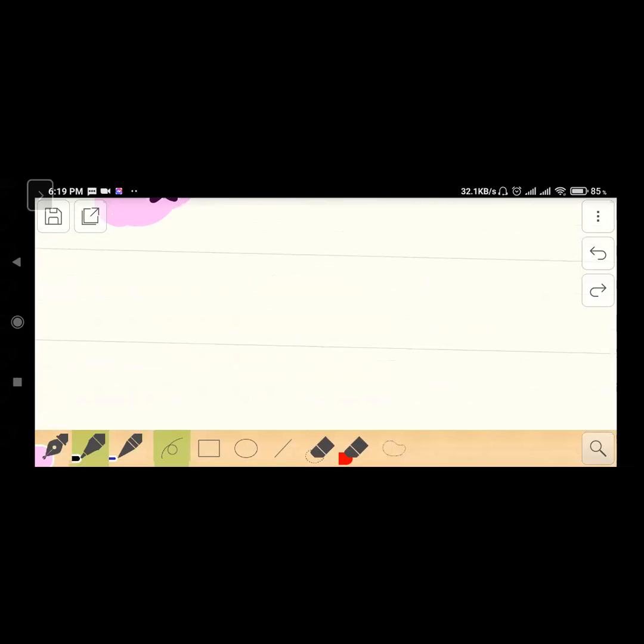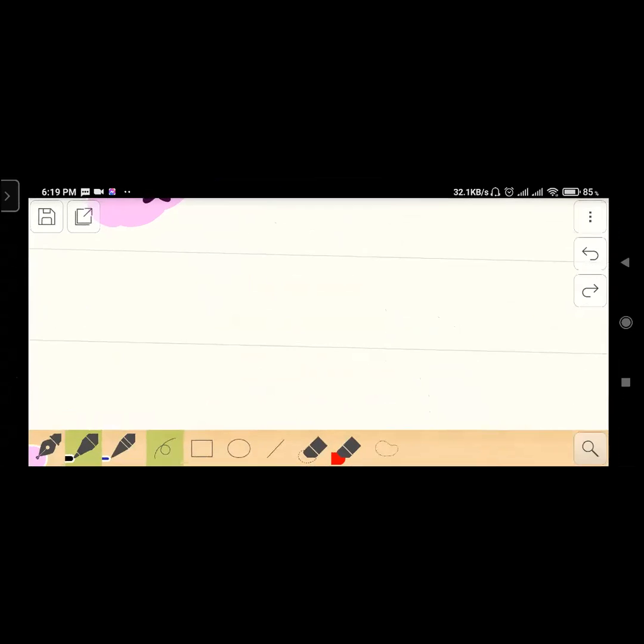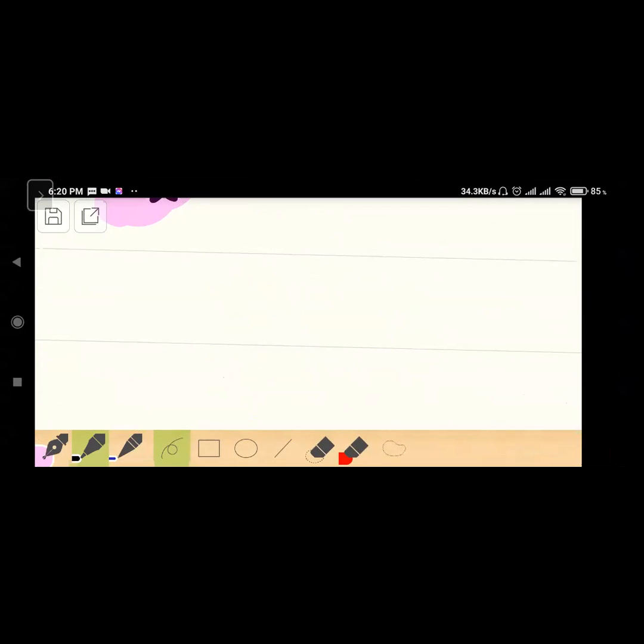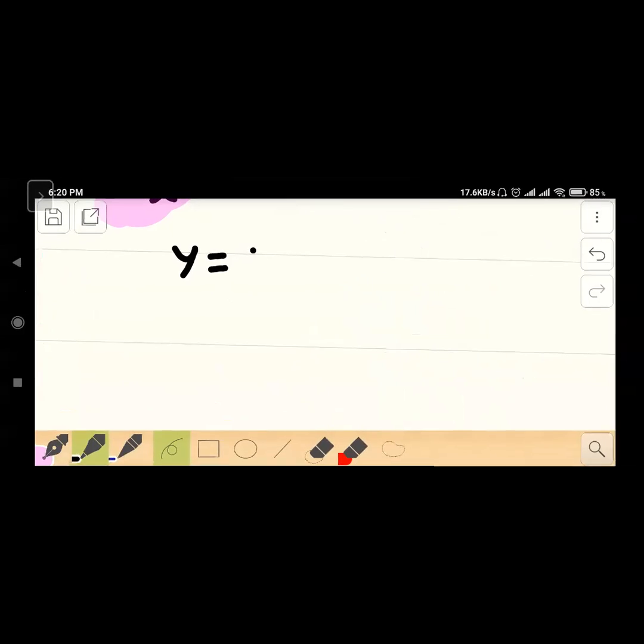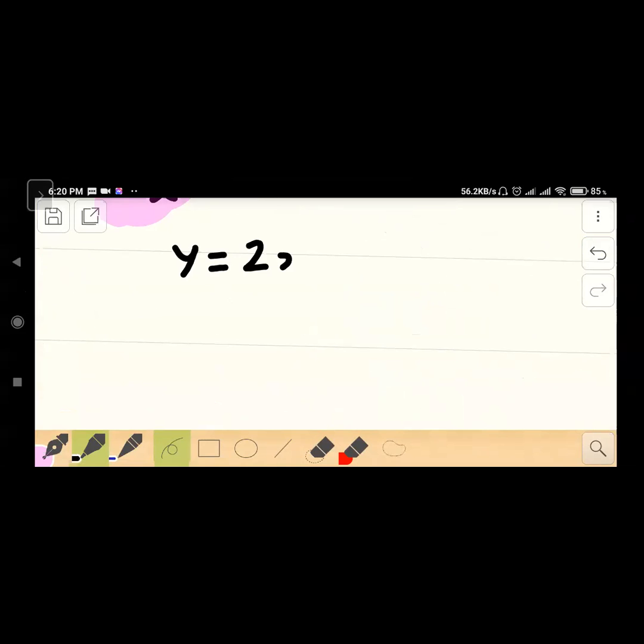Now let's see. For example, if I say a curve has an equation y is equal to 2x cube minus 3x square plus 5.